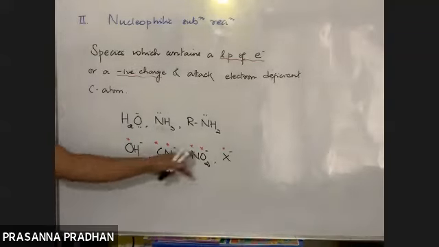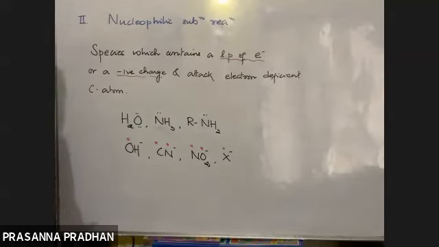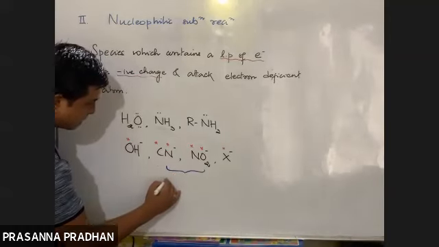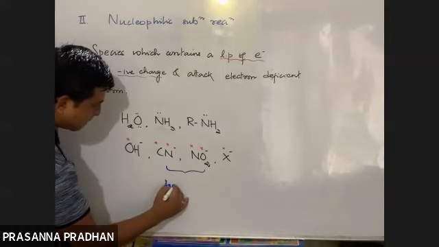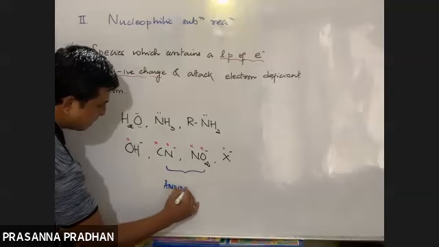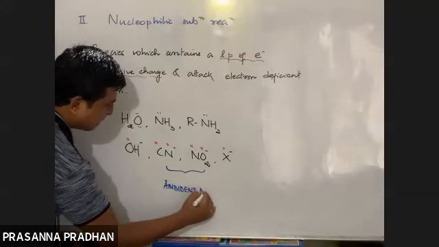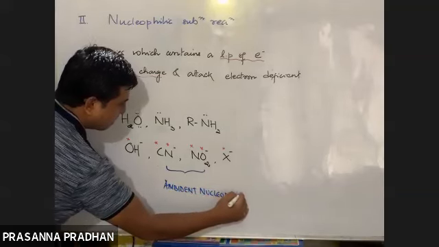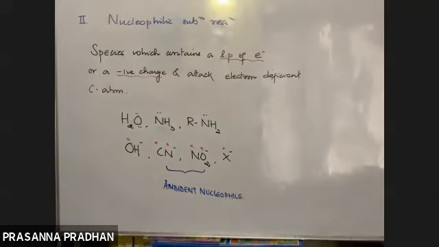So these are two special cases: there are two atoms, either of which can form a bond with the carbon atom. These types of nucleophiles, containing two nucleophilic atoms, are known as ambident nucleophiles.